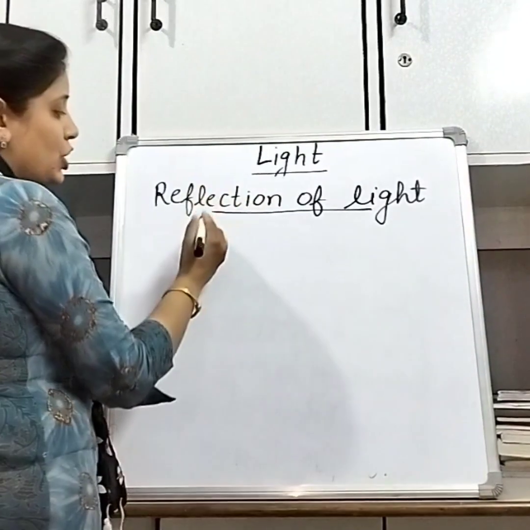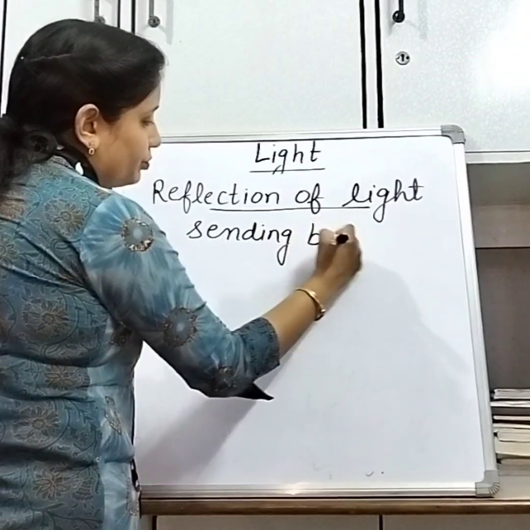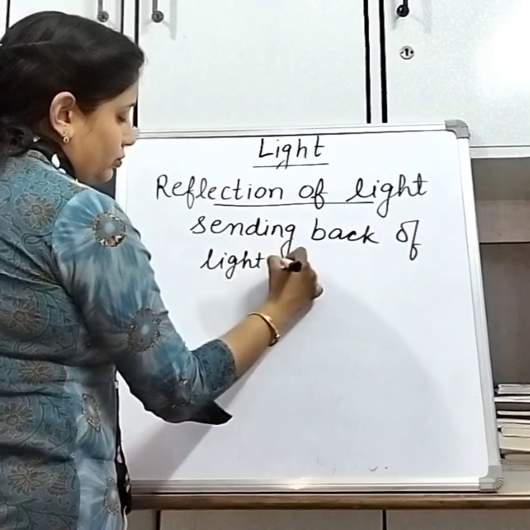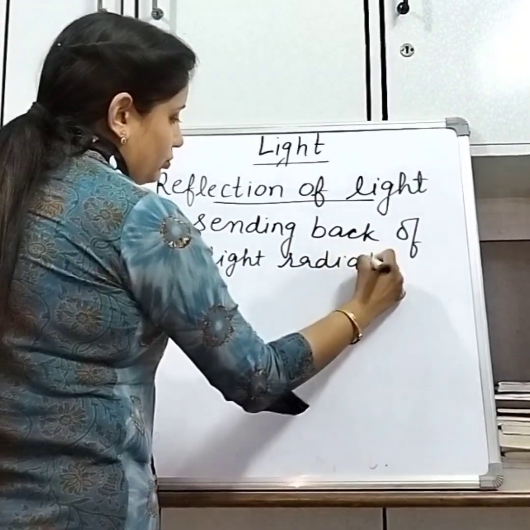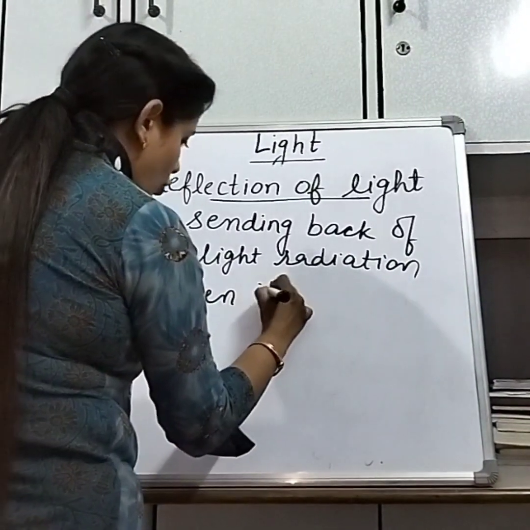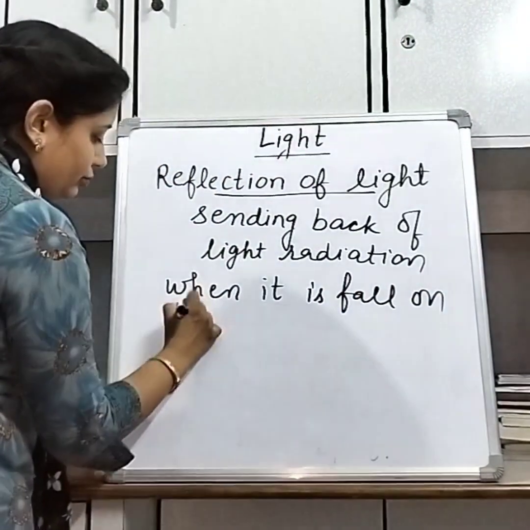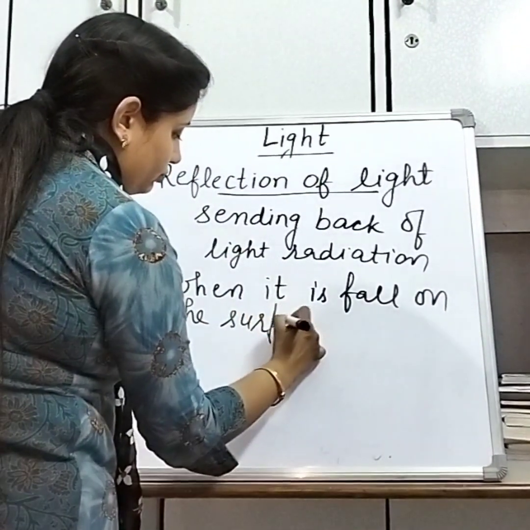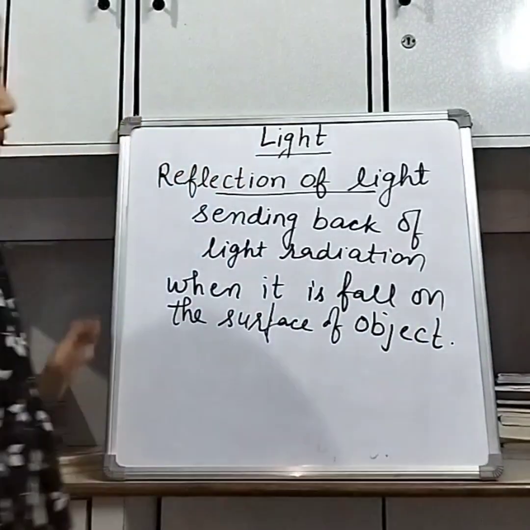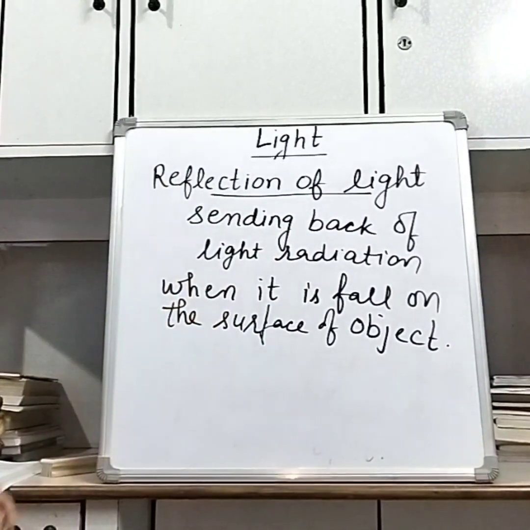Reflection of light means the sending back of the light radiation when it falls on the surface of the object.